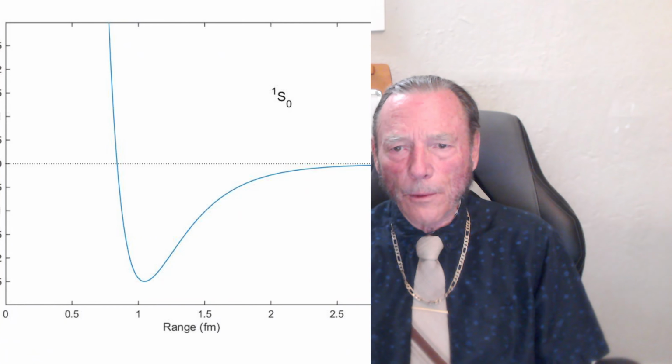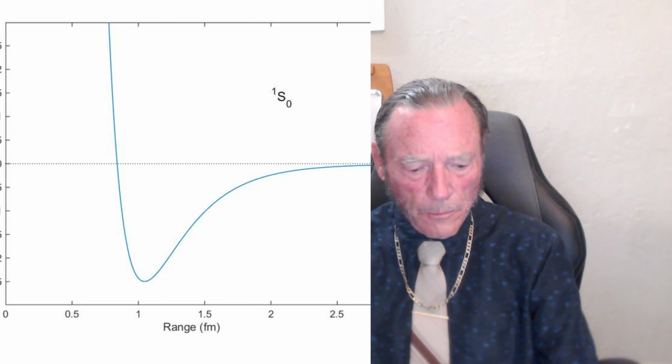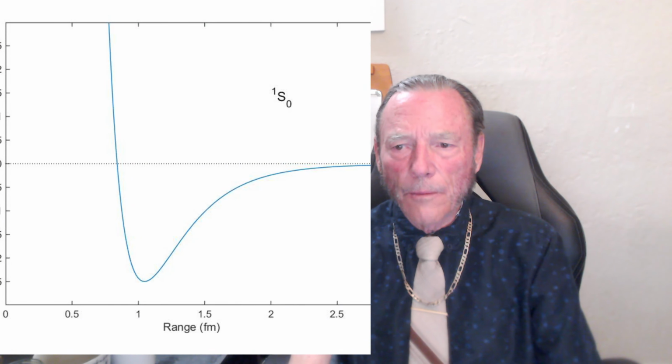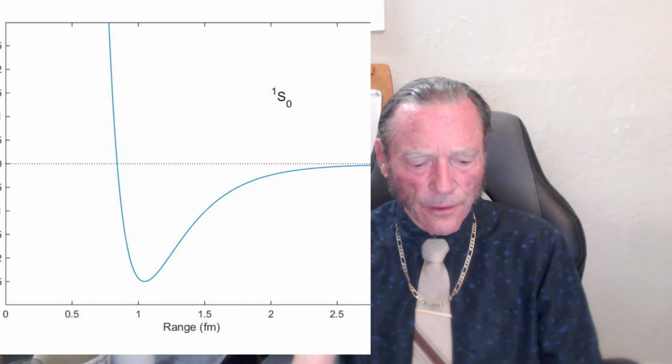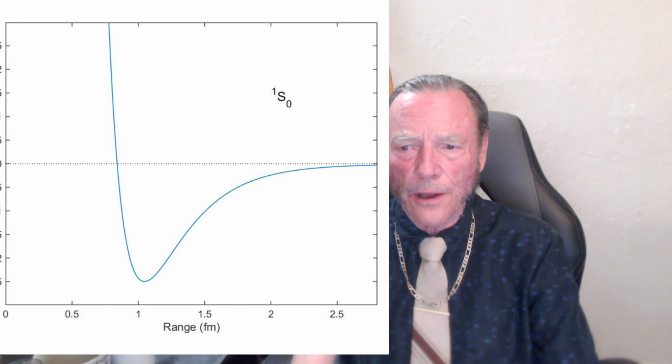Now, I think that's almost back to normal there. So this is part of the Boscovich force curve, but it's not for a proton and electron.